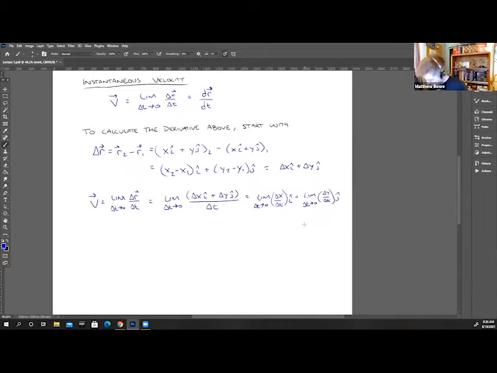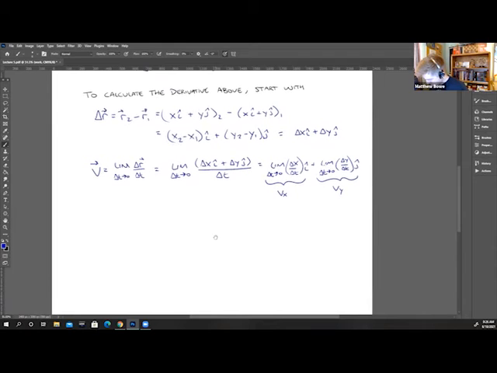We're getting real close to what we might have seen. Previously, when we've done velocity, I did it for just x's. So maybe we've seen this term before. The limit of delta x over delta t is just v of x, and this term right here is v of y. So the instantaneous velocity in the x direction, and the instantaneous velocity in the y direction.